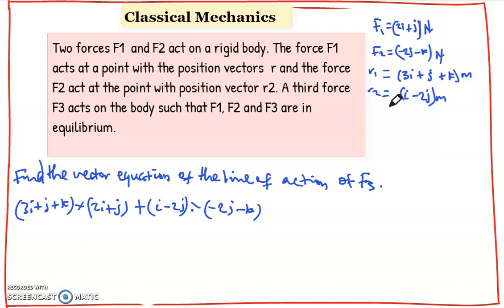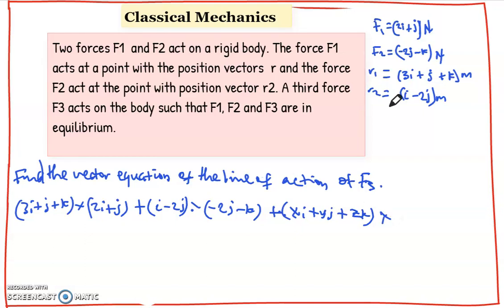The next thing we need to do is add this up with the component xi plus yj plus zk, and then multiply it by the F3 that we just got.